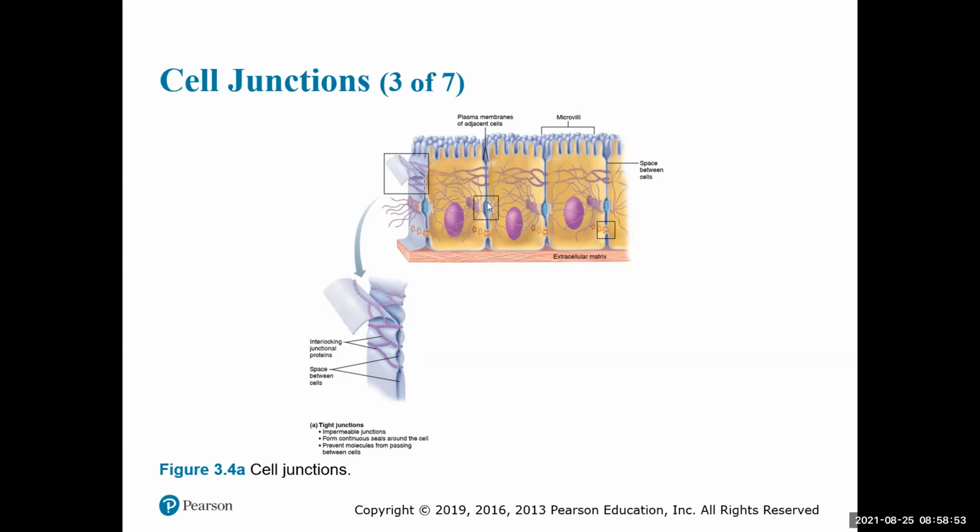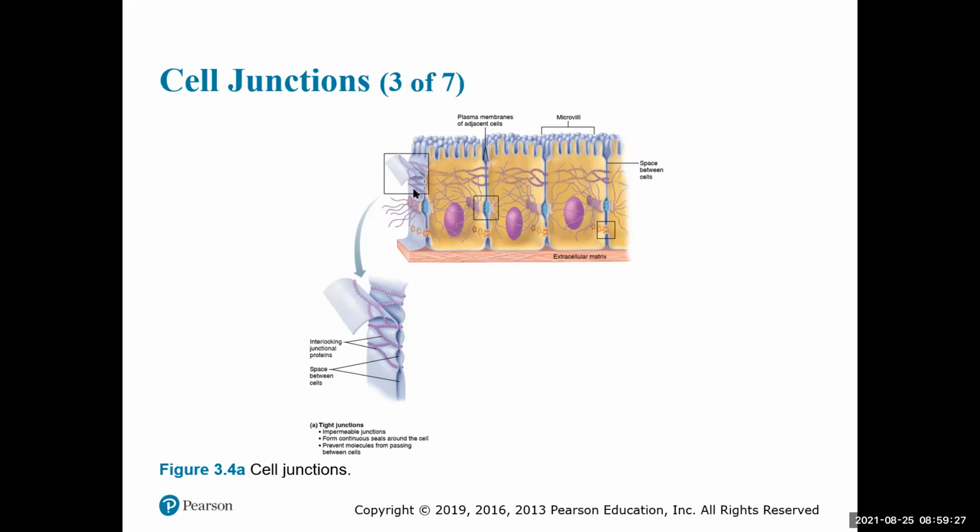The desmosomes here and here are like buttons in fabric. So imagine a button over here, a button over here, and they're stitched together, and that helps to stabilize and hold the cells in place. Because this is a cell, this is a cell, and this is a cell, and all of these connectors help it to stabilize itself.